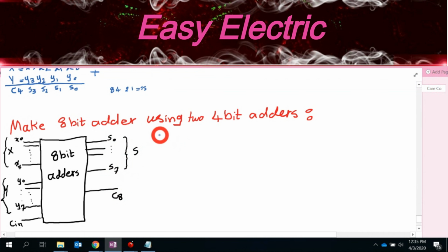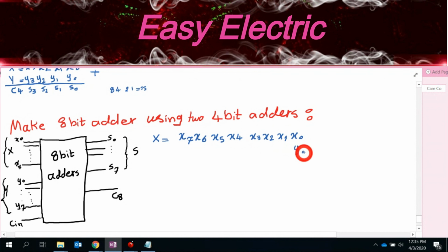Whenever you design anything, first you should understand exactly what you want, what you are going to do. So the x is this: x7, x6, x5, x4, then x3, x2, x1, and x0.